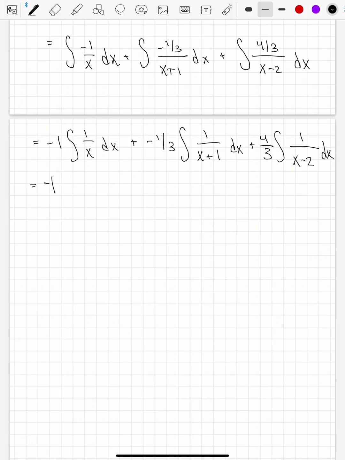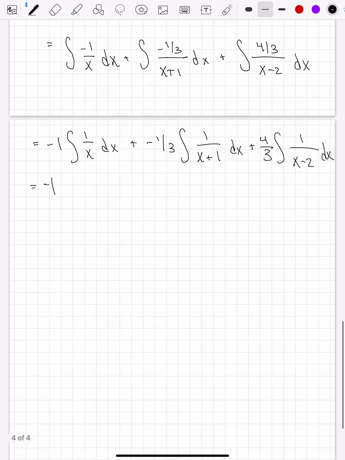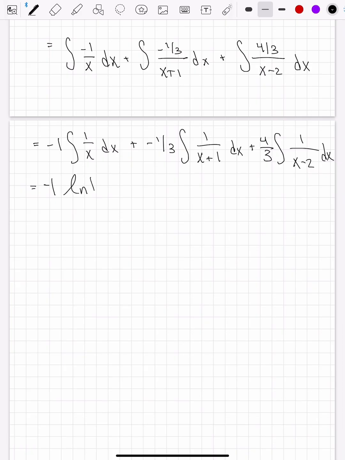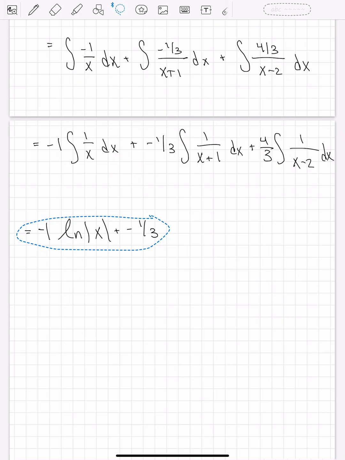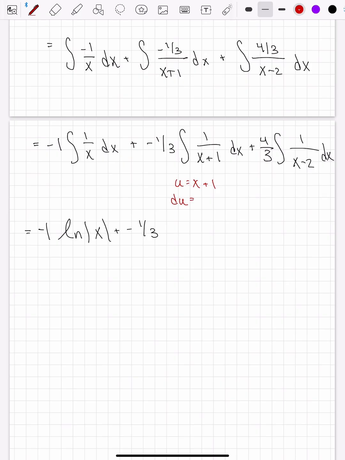So this one, we know the antiderivative of 1 over x is simply ln of the absolute value of x, plus -1/3, and then for these ones, we know we technically need to do a u substitution, right, where u is x plus 1 in this one. Derivative of x is just 1, derivative of 1 is 0, so this is just dx. Right, in here we let u is x minus 2, and again du, the derivative of x minus 2 is just 1, so it's just dx.